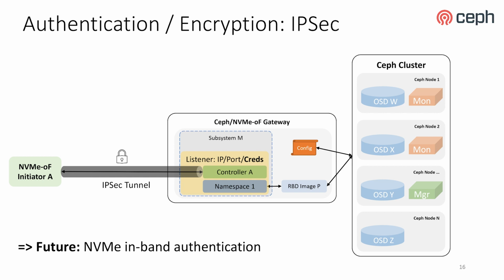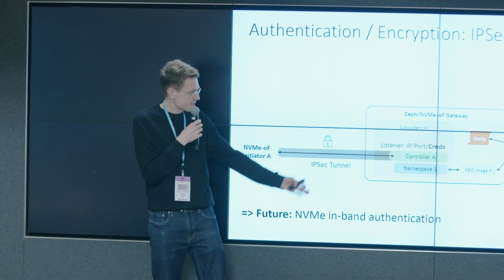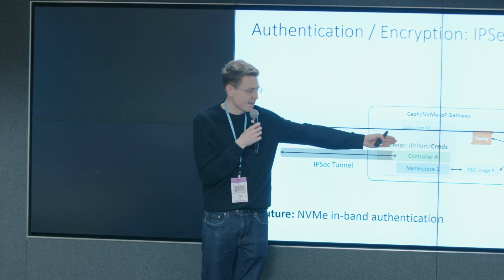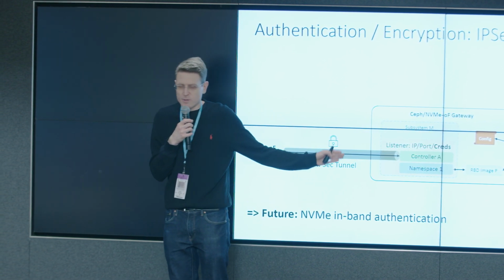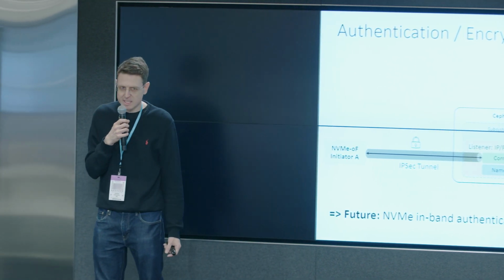As an example, we wanted to add this. Essentially, as I said before, each subsystem typically has its own listeners. You restrict your subsystem to a particular IP port pair and also add some credentials for IPsec to it.